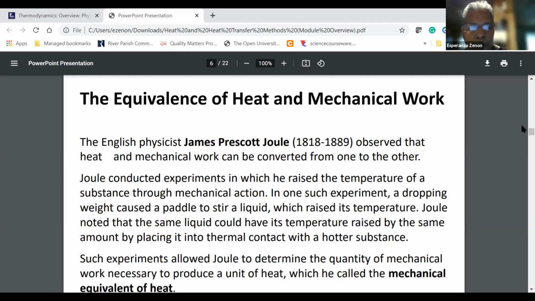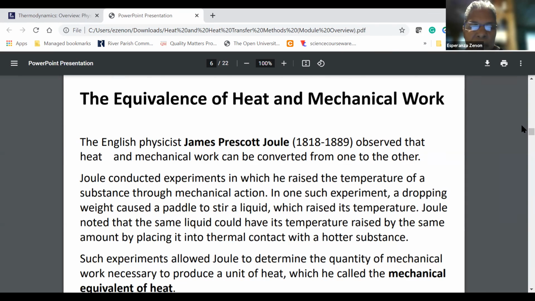And then, a lot of times if you go to a kid's museum, they might have one where you ride a bike. And as you pedal the bike, it turns a big set of rotating paddles in a big container of liquid, typically water.